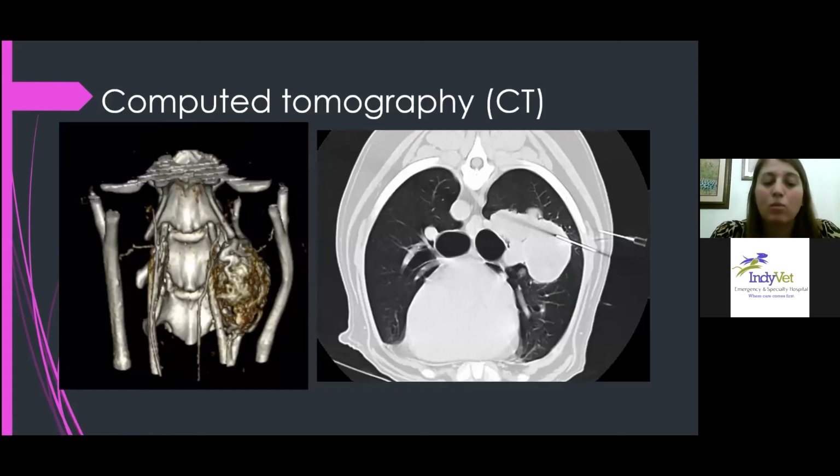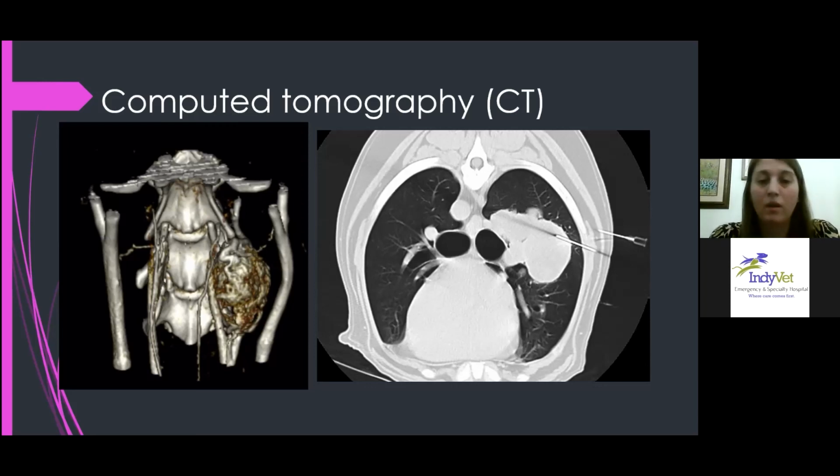CT scans are more sensitive for detecting lesions, especially metastasis that is too small to be seen on x-rays. It gives more info on the presence, location, and extent of the disease, and it's the best modality for evaluating the nasal cavity, head, and neck tumors, because ultrasound and radiographs can't provide that much detail due to all of the superimposition of soft tissue and bony structures.